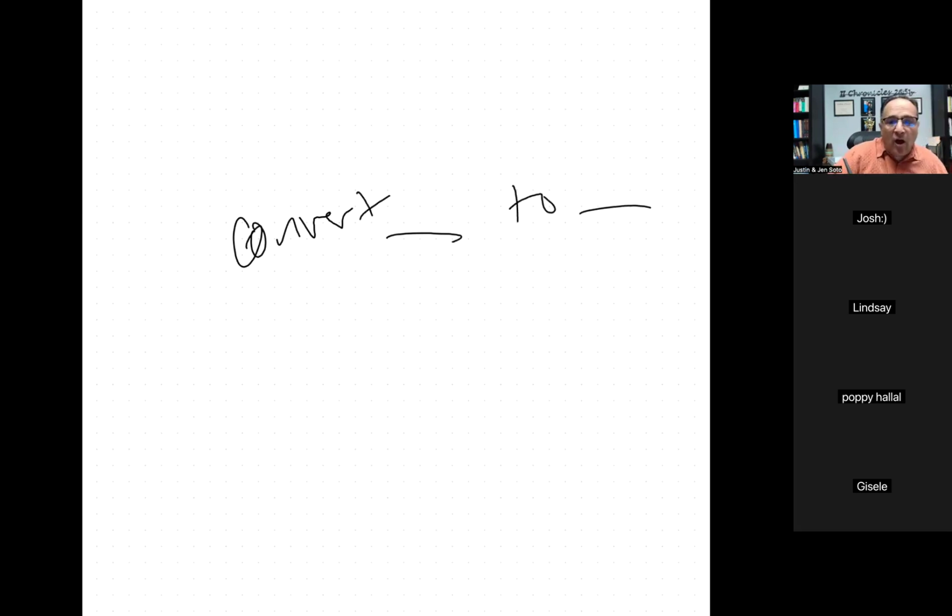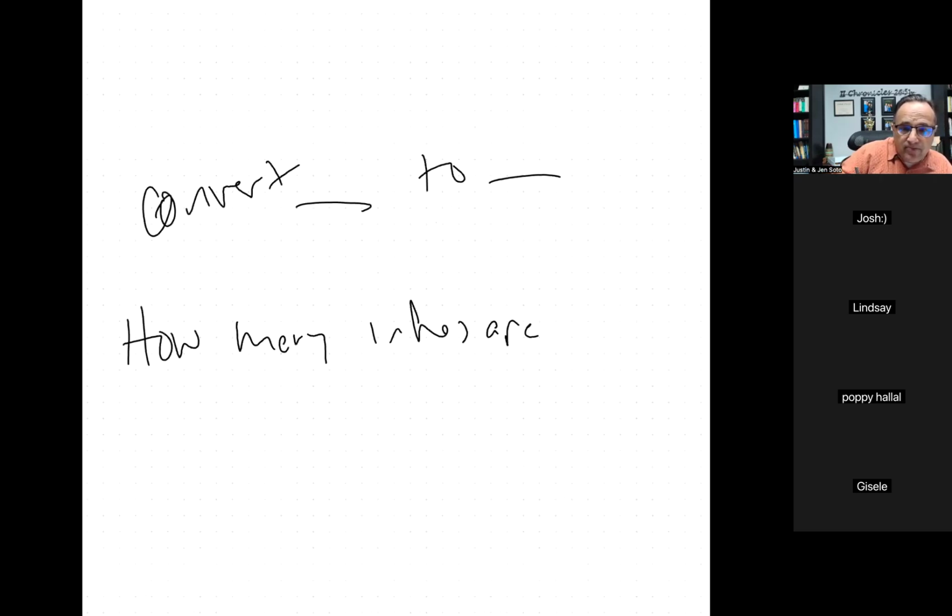Now look how they're wording this. They're saying, how many inches are in 4 yards? Okay. How many inches are in 4 yards?